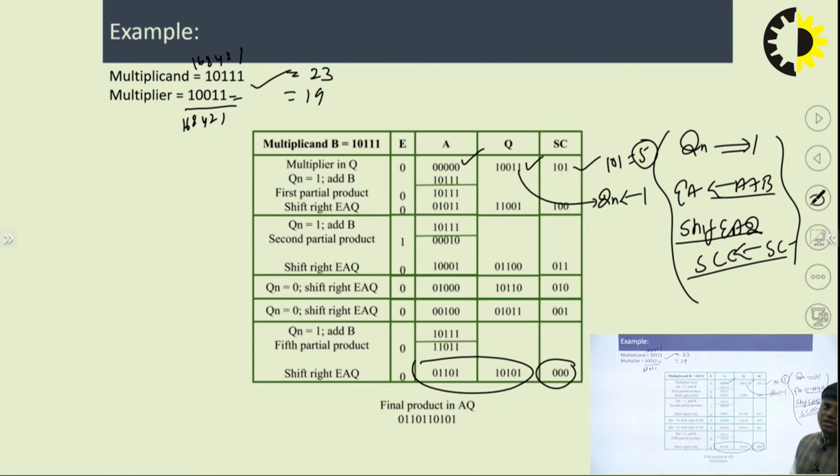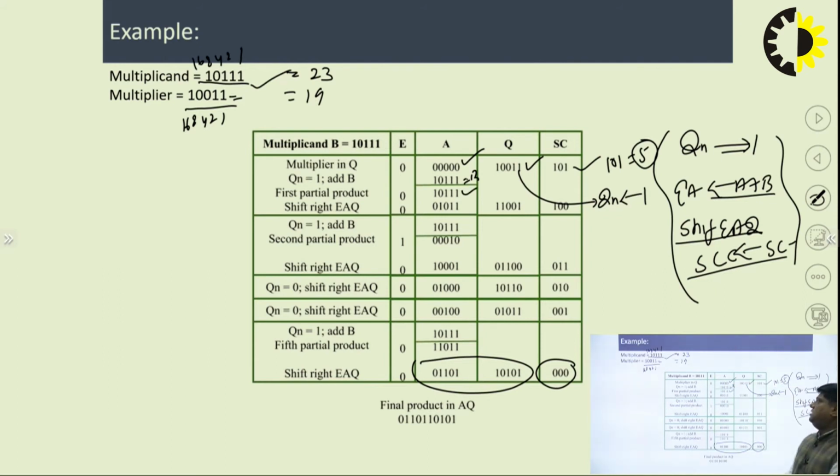If Q1 is equal to 1, then this type of operation is performed. Now Q1 is 1, then add A plus B; this is A and this is B, this is the value of B. 0 plus 1 is 1, 0 plus 1 is 1, 0 plus 1 is 1, 0, 0, and 0 plus 1 is 1.